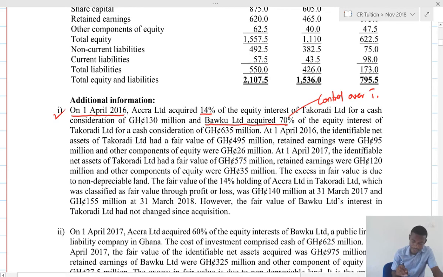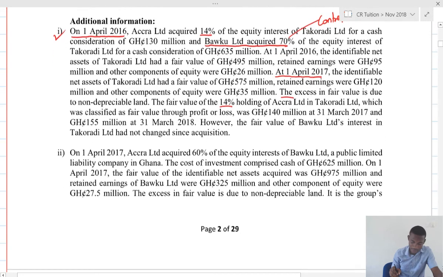The retained earnings, we don't consider that now. At 1st April 2017, the identifiable net assets, retained earnings, etc. The excess, we'll look at it. The fair value of the interest, the 14% holding, which was classified as this, that's fine. We'll look at that subsequently.